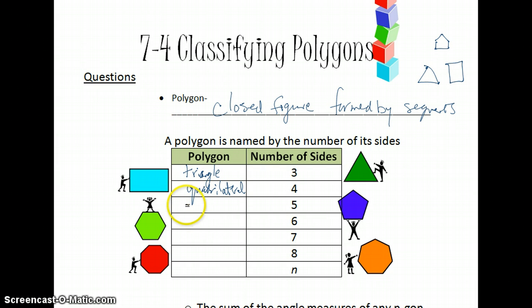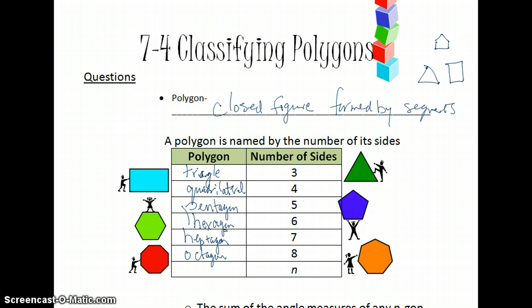We think about the Pentagon in Washington, D.C. It's five-sided. A hexagon is six. Think about six has an X in it, as does hexagon. A seven-sided is a heptagon. An eight-sided is an octagon.